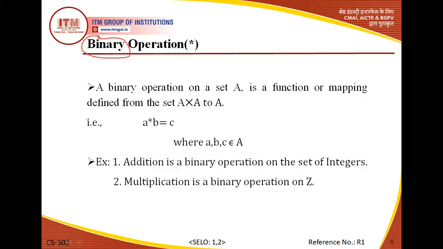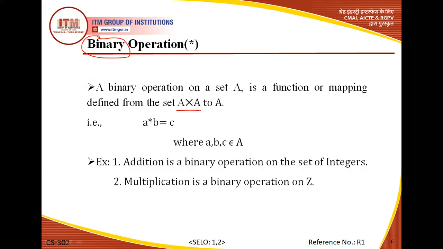Now let's see the formal definition. A binary operation on a set A is a function or mapping defined from the set A cross A to A. Now why A cross A? When we talk about a function, it starts from a set and goes to a set.